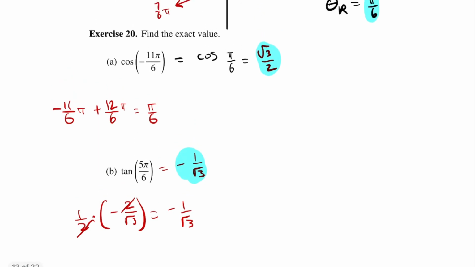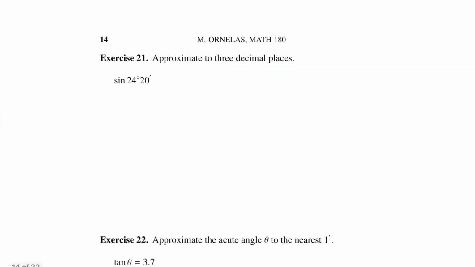Okay, let's keep going. Approximate to 3 decimal places. Whenever you see the word approximate, that basically tells you that you're supposed to use your calculator. So first thing we should do is convert this to decimal degrees. Recall the way we do that is you do sine of 24 plus 20/60. That's how you convert minutes to decimal degrees.